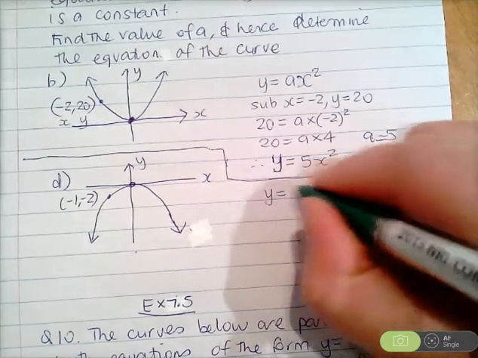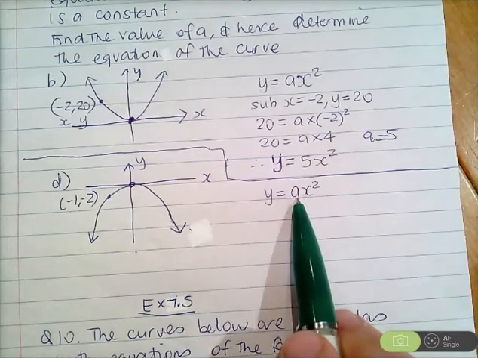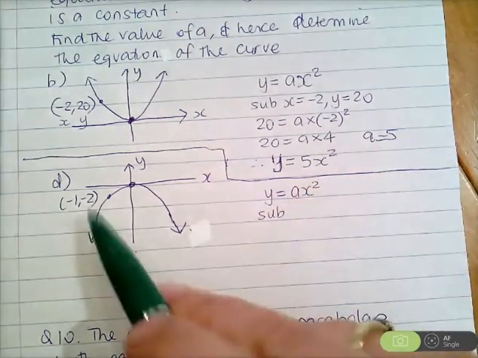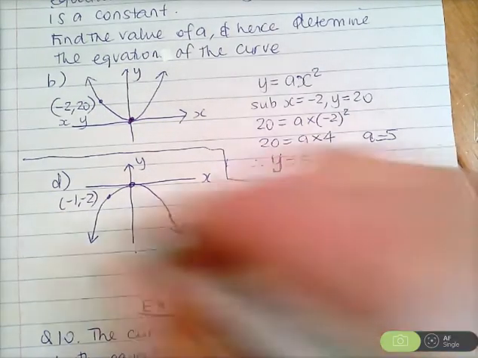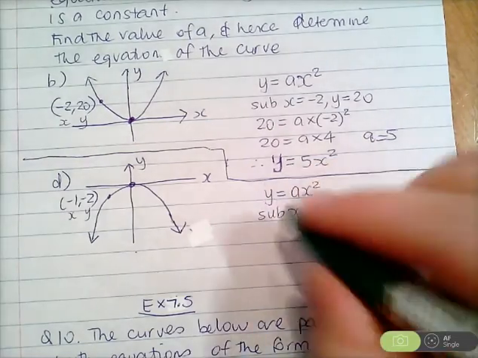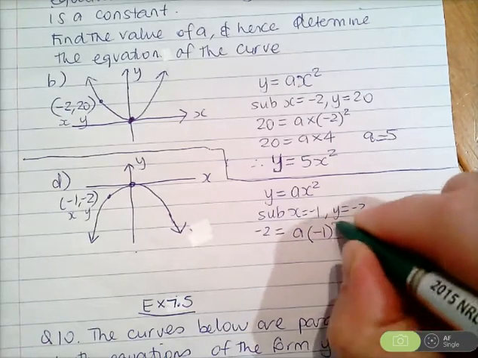Now we can do the same thing here with this next parabola. Now we know that this is again y equals ax squared, but we're expecting that we'll get a negative value for a. We're going to substitute in a point that we know, and we know that we've got the point x is -1, because this is an xy value. Y is -2, and we put that in and we get -2 equals a times -1 squared.